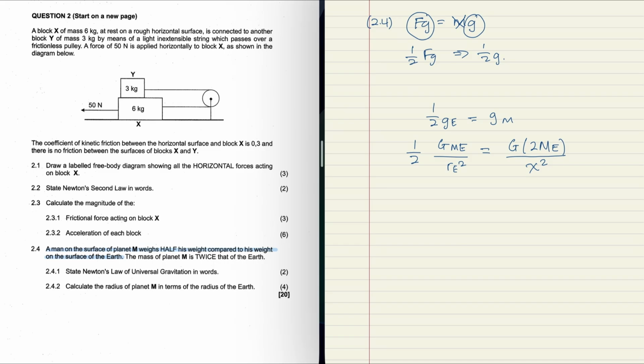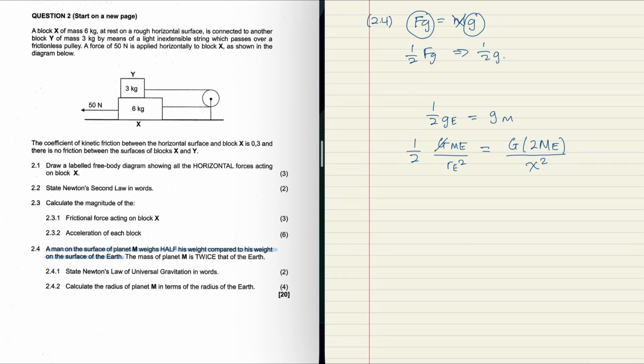Now let's simplify. I can cancel G from here and G from there, and M_E from here and M_E from there. I'm going to be left with half times 1 over R_E squared is equal to 2 over x squared.